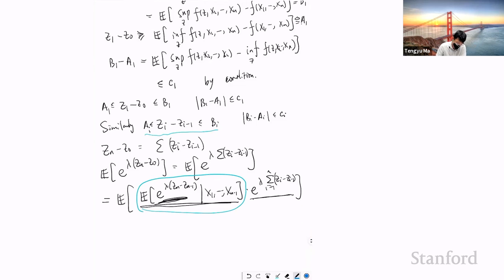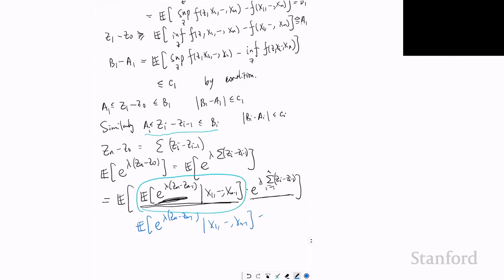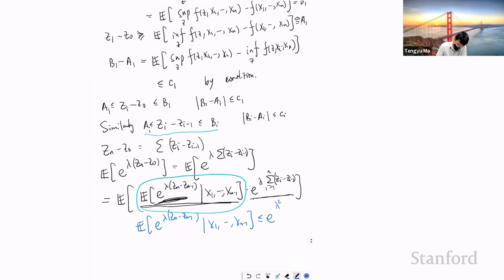So we know that this expectation of e to the lambda times Zn minus Zn minus 1 is less than exponential of lambda squared times cn squared over 2.